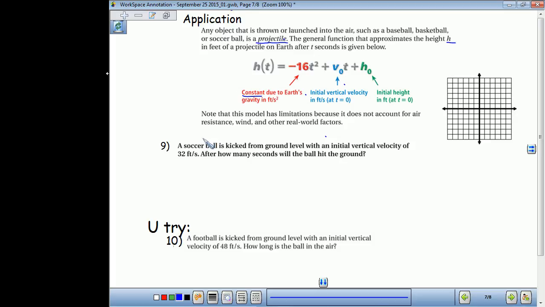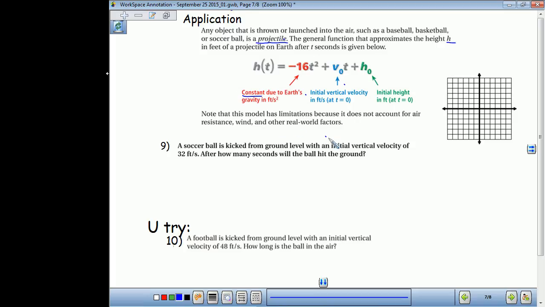So, some of you are already thinking, and I love it when you do think. Now, this model does have limitations, and it notes them here for you. Some of the limitations, obviously not all of them. But this model, mathematical model, is not accounting for air resistance. It's not accounting for wind.